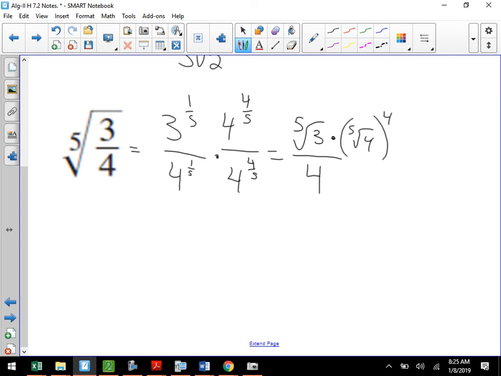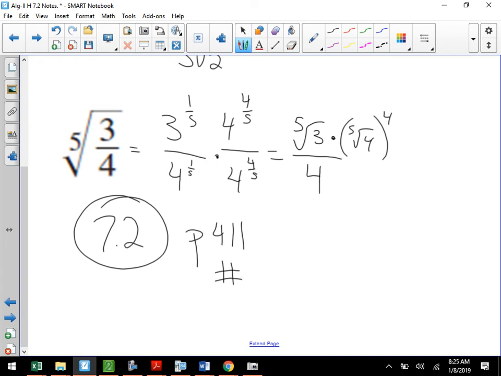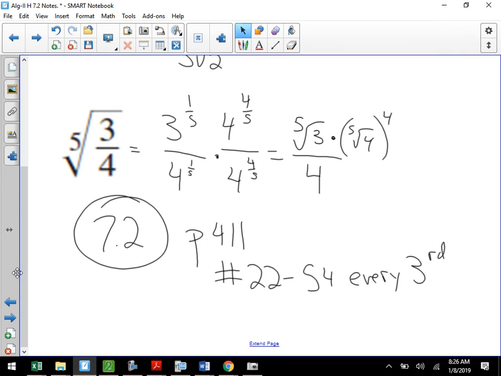So let's try these. I'm pretty sure I have the PDF posted, but I'll make sure it's there. We'll go by 3s. 12.